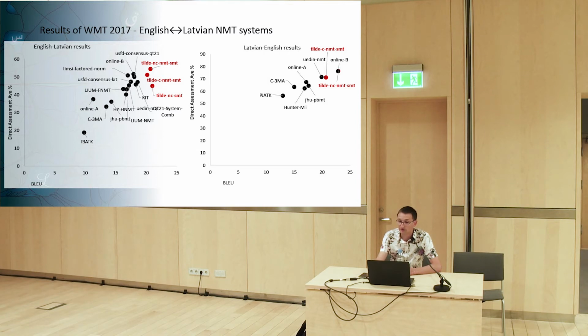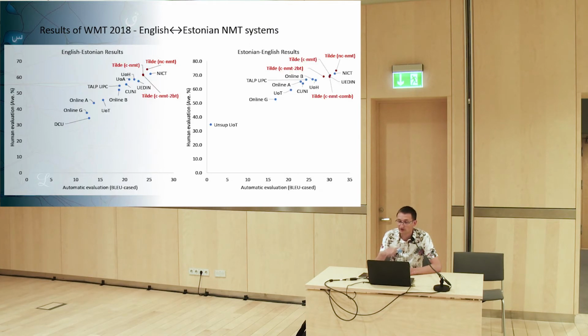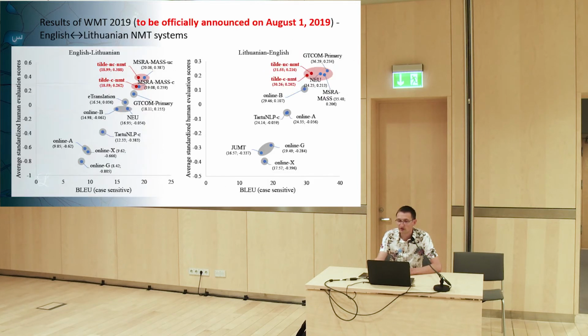So these are the results for English Latvian. Last year we participated for English Estonian, and this year we have been participating for English Lithuanian, and these are yet unofficial results that will be available next week. So you see that for the language pairs that we cover, we are competing with other participants.